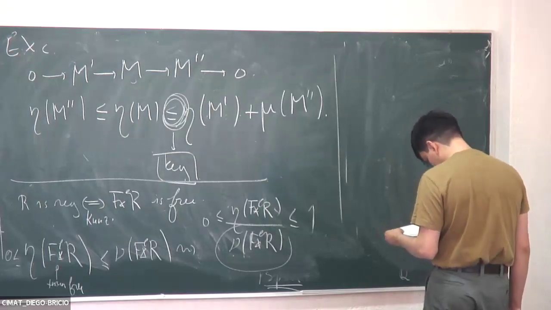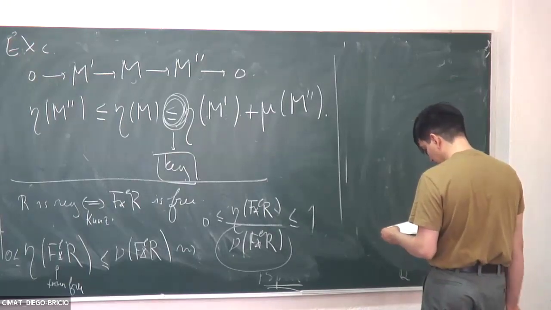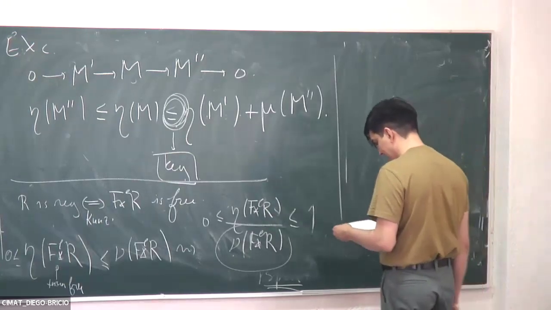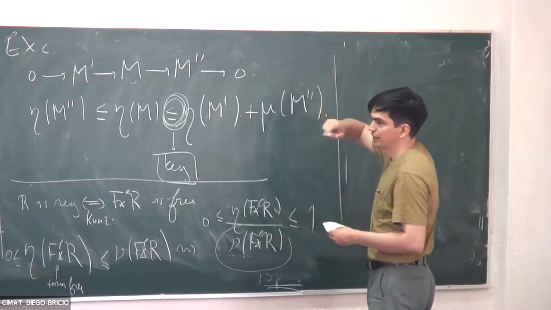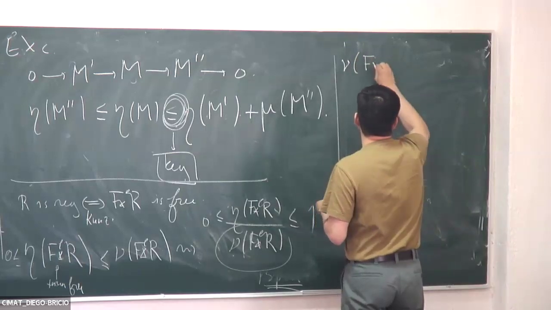Oh no, there is no typo. Okay. So remember that we had that local ring with field of fractions K. So let's look at this number for a second.